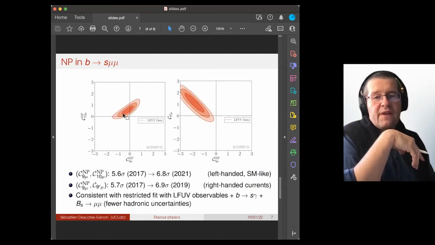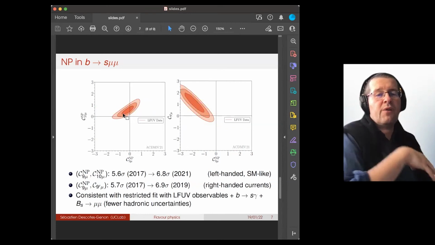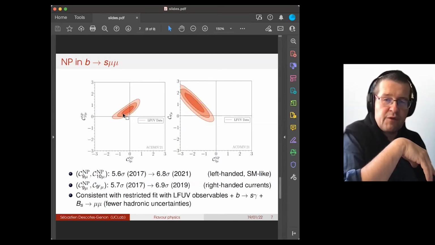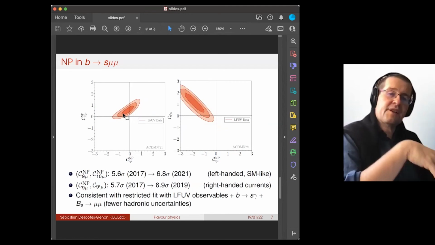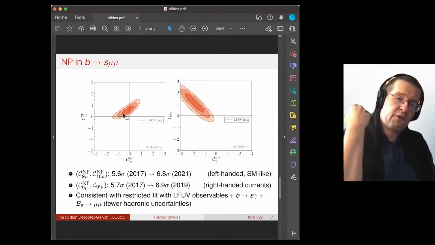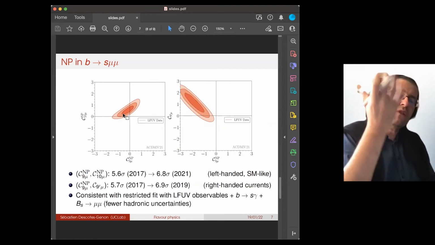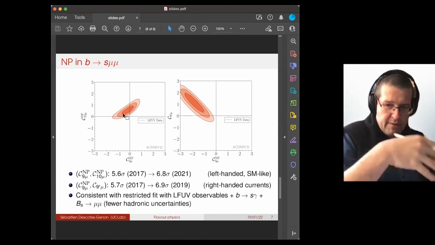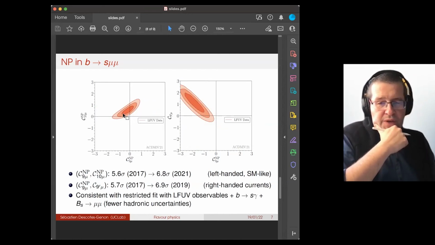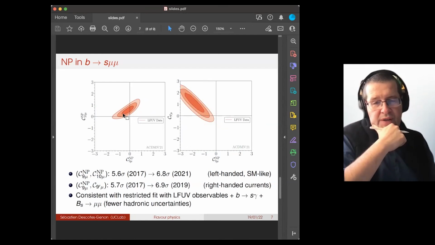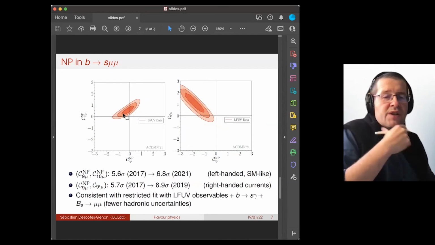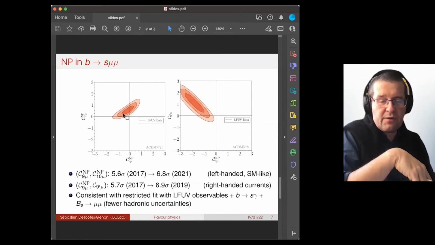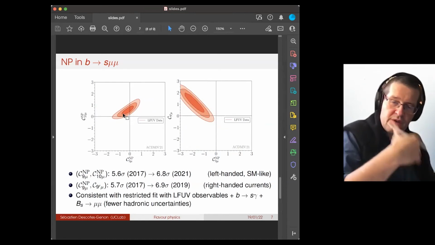I should also say that because of the number of hadronic uncertainties I discussed before, you may prefer to keep only data where you have indication of important cancellations. And so typically quantities probing lepton flavor universality violating quantities like RK, RK star, or quantities where you have only a very limited input of hadronic uncertainties like BS to mu mu, which is a leptonic decay.